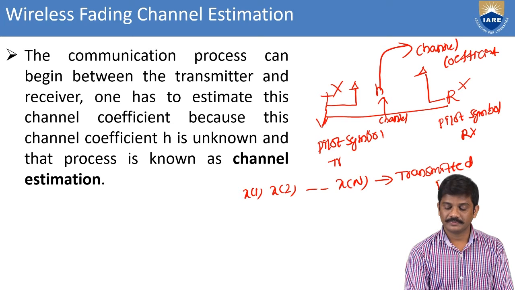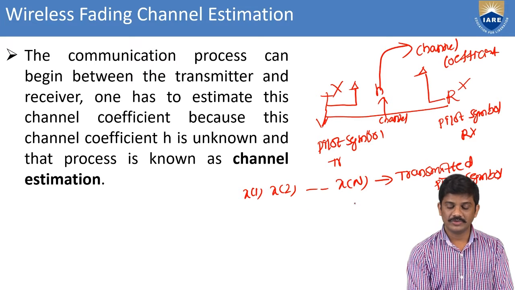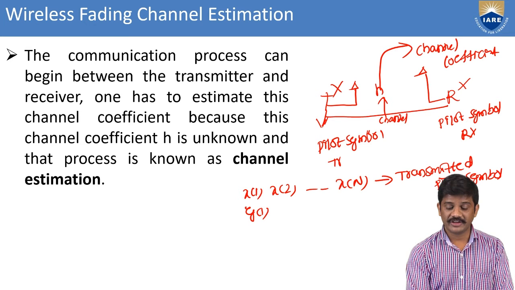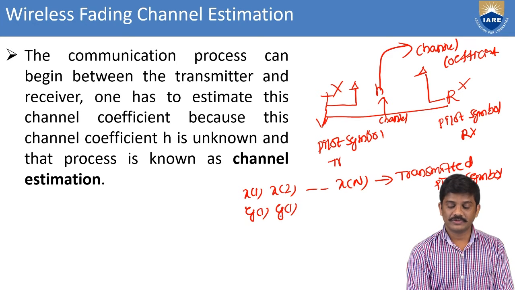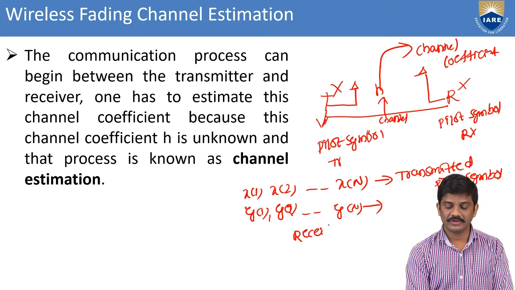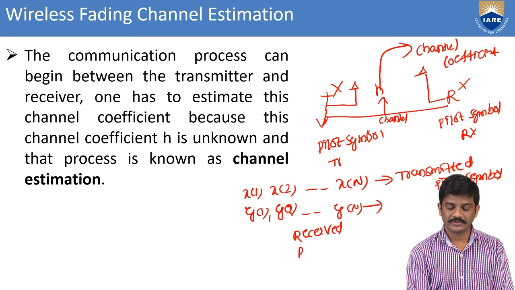Coming to the receiver, y of 1 is the corresponding output related to the transmitted pilot symbol. We consider y of 1, y of 2, and y of n. These are the received pilot symbols.